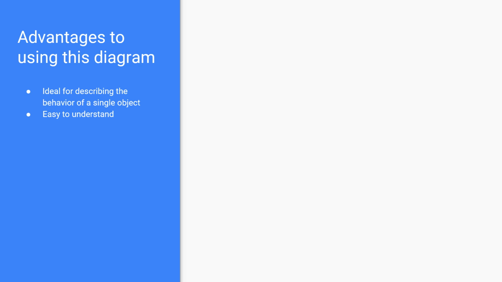The advantages to using this diagram are that the state transition diagram can be really useful. It is very advantageous when you're looking to describe the behavior of a single object. It makes the explanation of the functionality of an object easy to follow and visualize. The state transition diagram is relatively easy to understand and produce.